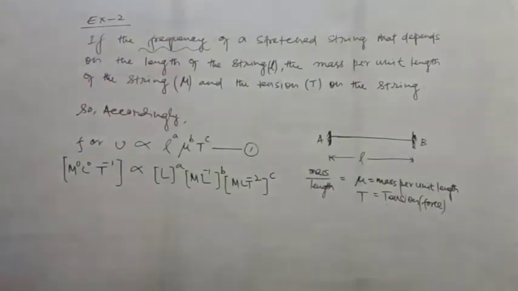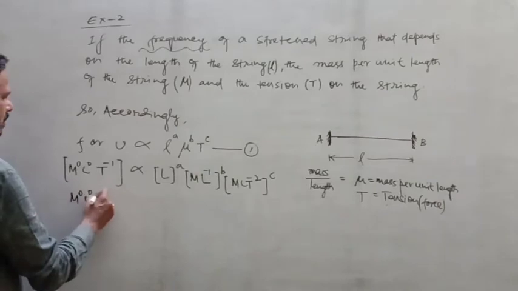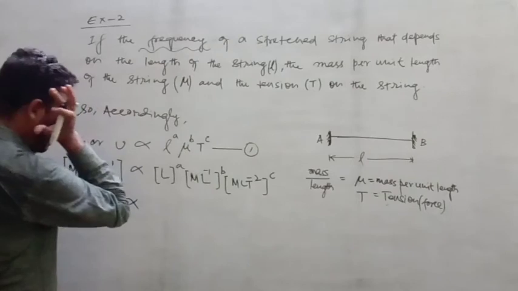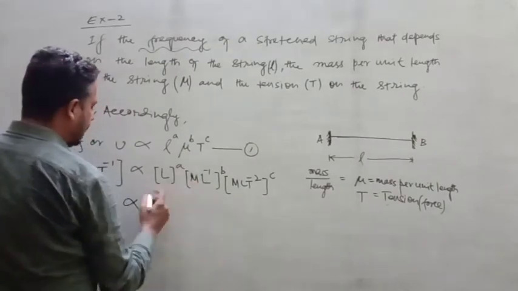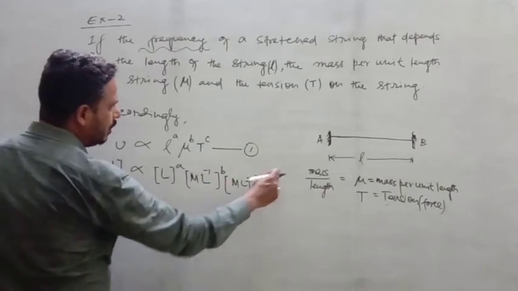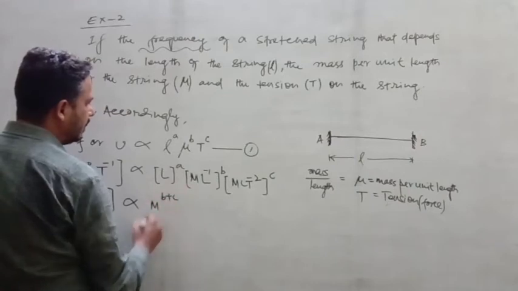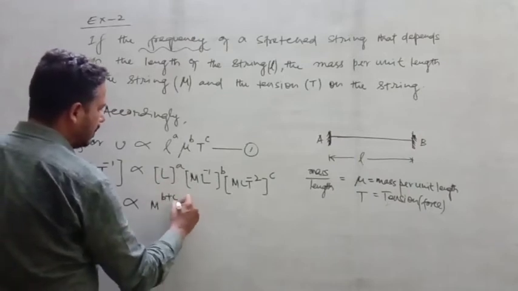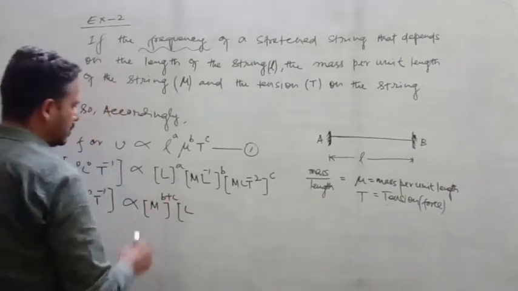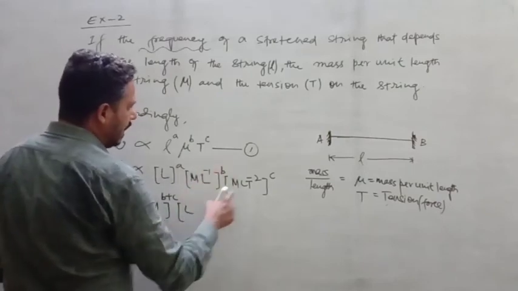Now this one is the same, M^0 L^0 T^-1, proportional to M to the power b, and from here M to the power c, that means M to the power b plus c. Now just take L. So how much is the power on L? L to the power a from here, L to the power minus b from here, and L to the power c from here.